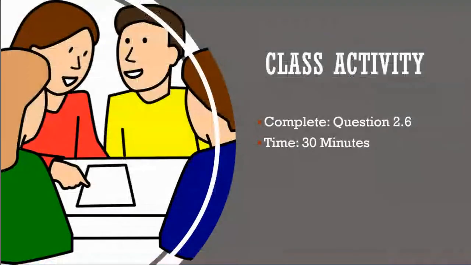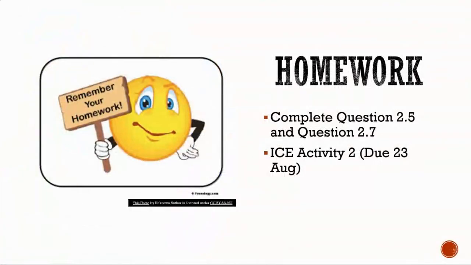Okay, so that's question 2.6. For homework, I want you to go through questions 2.5 and 2.7. Now, 2.5 is similar to what we've done in question 2.4. That is just to help you work through a question on your own.